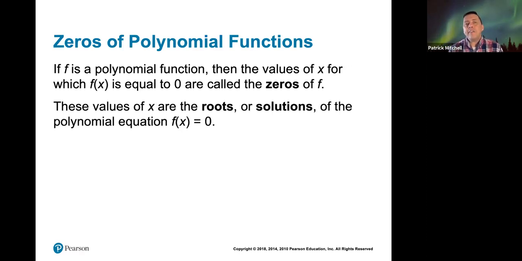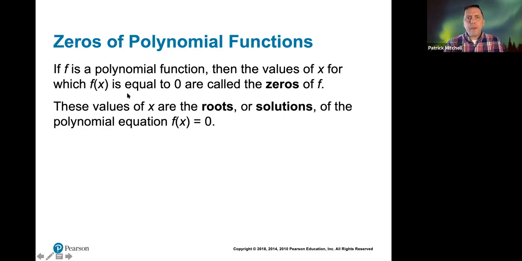These values of x are called the roots or solutions of the polynomial equation f of x equals 0. So the word zeros does not mean exactly the same thing as roots or solutions, but it's pretty close. I actually didn't understand the difference until maybe 10 years ago.